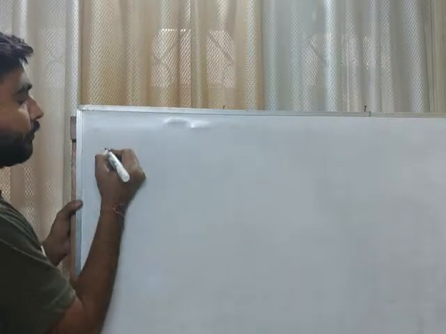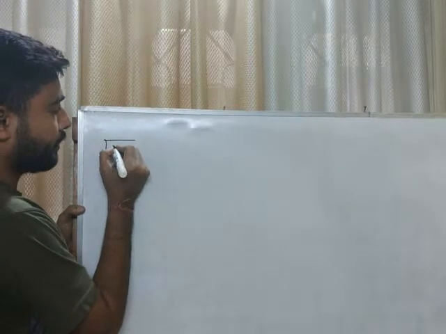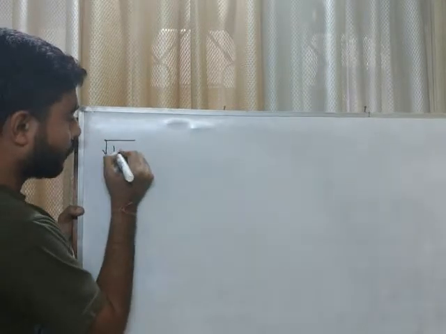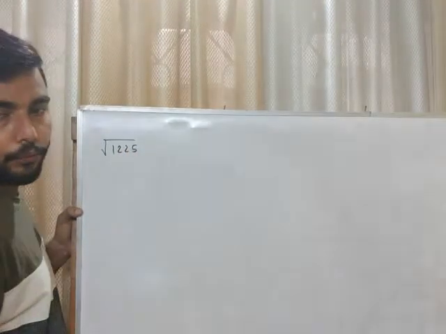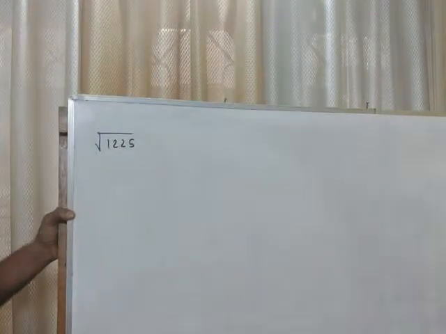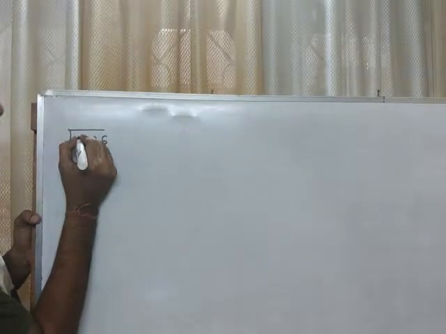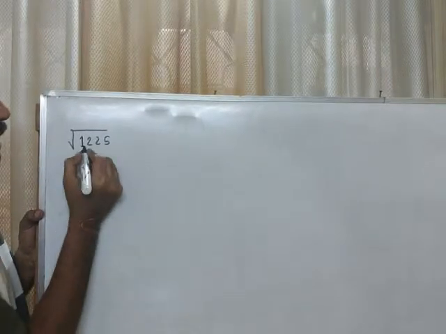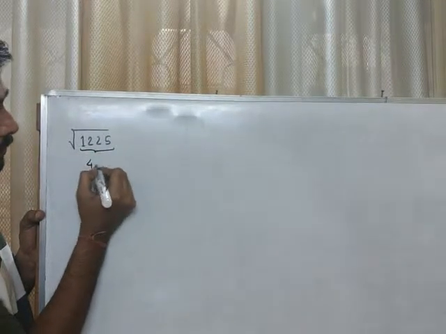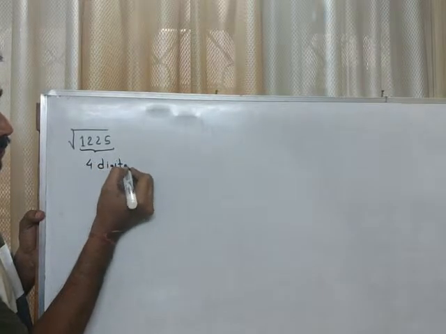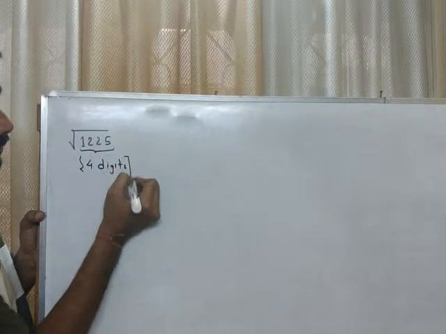Suppose you can see the examples, 1225. We need to find the square root of 1225. How many digits are there? 4 digits.